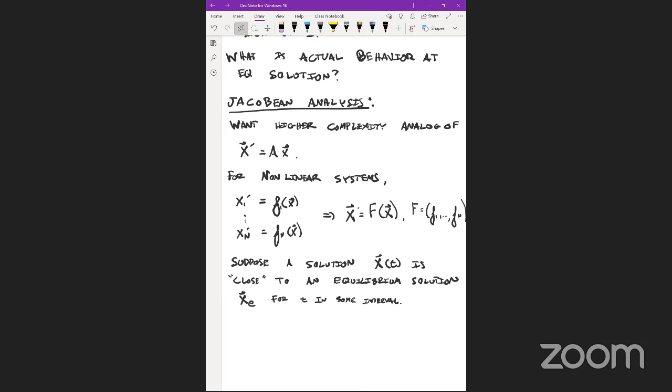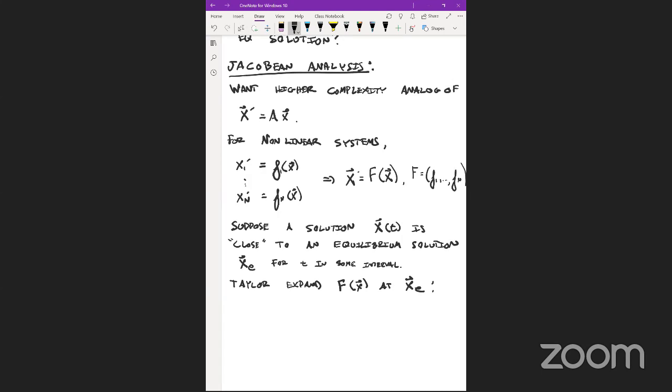And so then the idea is to Taylor expand at x sub e. When I say Taylor expand, we can use the multivariable Taylor formula, but really I'm just using the chain rule version of the Taylor formula for each of the equations.